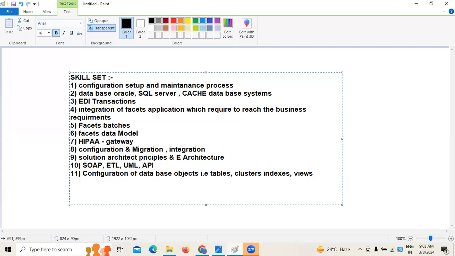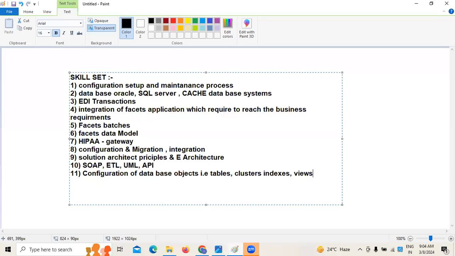Apart from this, having knowledge of SQL is also important, which I'm teaching now for the solution architect role in the Facets healthcare application. At the same time, business analysis understanding is also needed, because when we try to understand business requirements, we need to know where they are coming from.